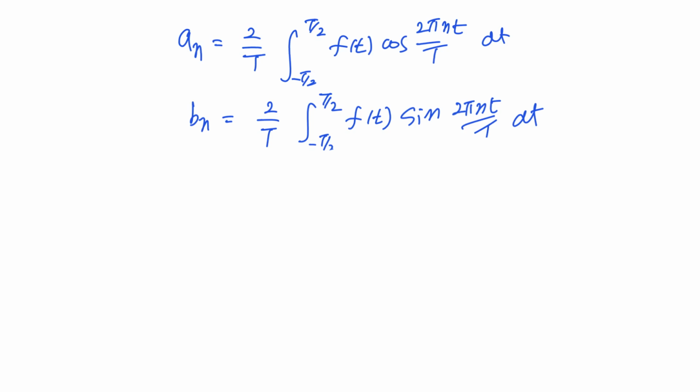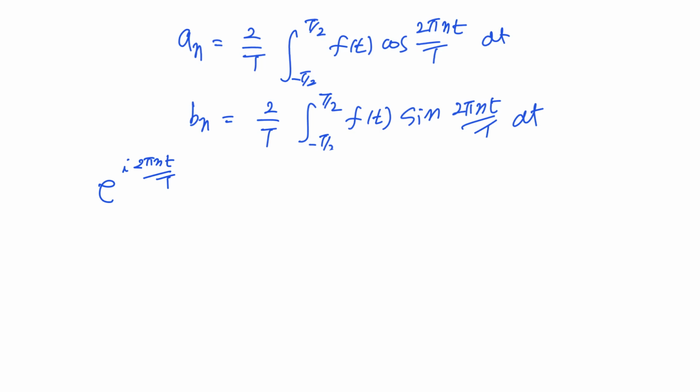But you can actually combine these coefficients together using Euler's formula. So exponential i 2 pi n t over T.